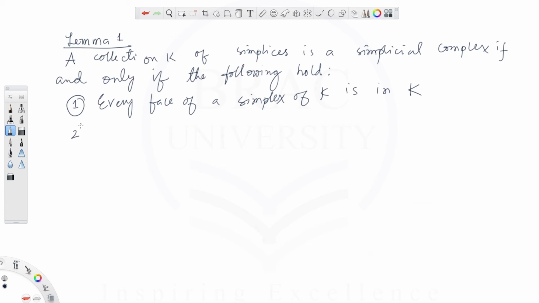And 2 prime, we call it 2 prime because it's equivalent to 2. I did not go over the proof; the interested readers are encouraged to go over the proof.